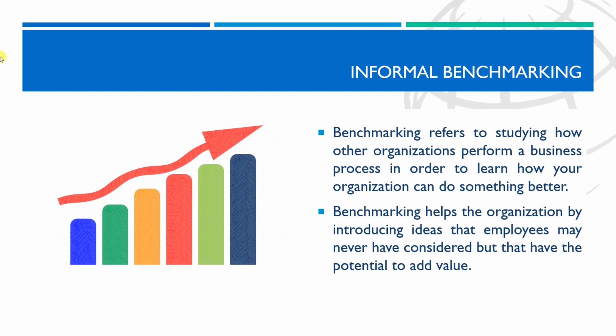With informal benchmarking, the managers and analysts think about other organizations or visit them as customers to watch how the business process is performed. In many cases, the business studied may be a known leader in the industry or simply a related firm. It's important to try to consider the leaders of the industry over other kinds of business.